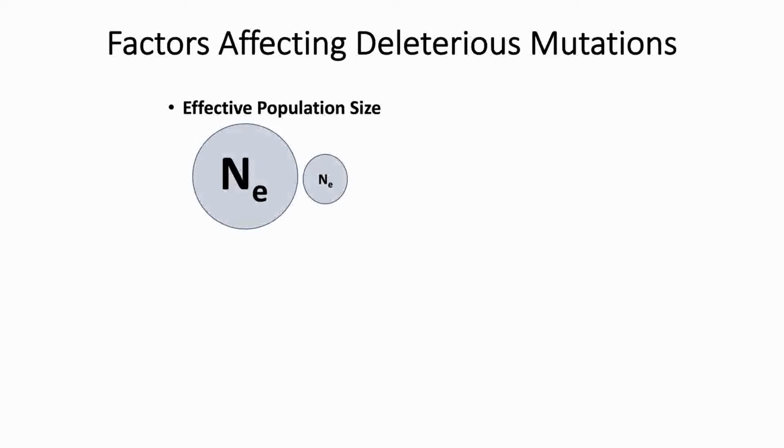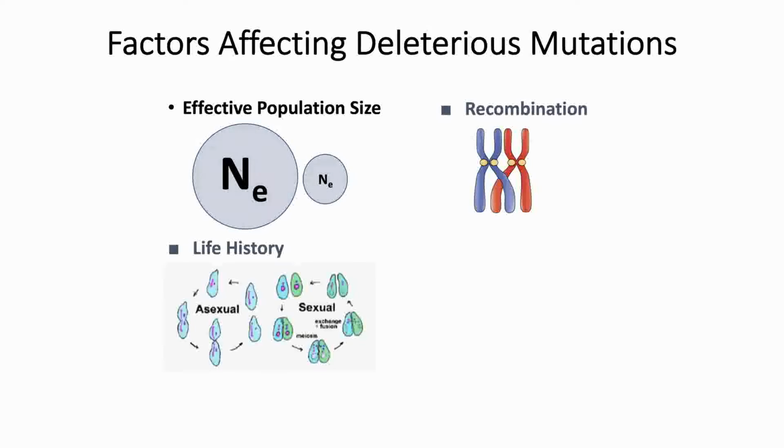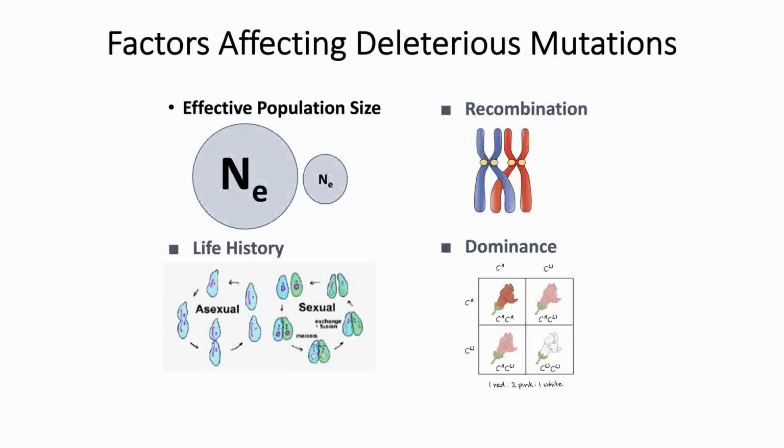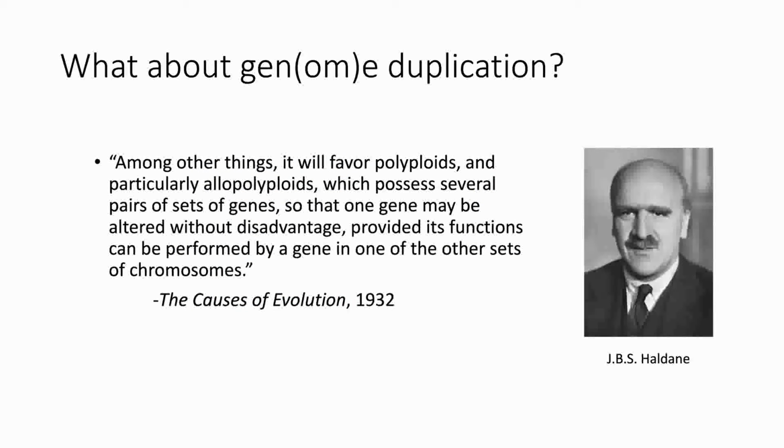Some of those include the effect of population size, recombination, life history strategies, and of course, genetic dominance. However, I think that there's a missing aspect in plant evolution that may be driving how deleterious mutations accumulate, and that is gene and genome duplication.